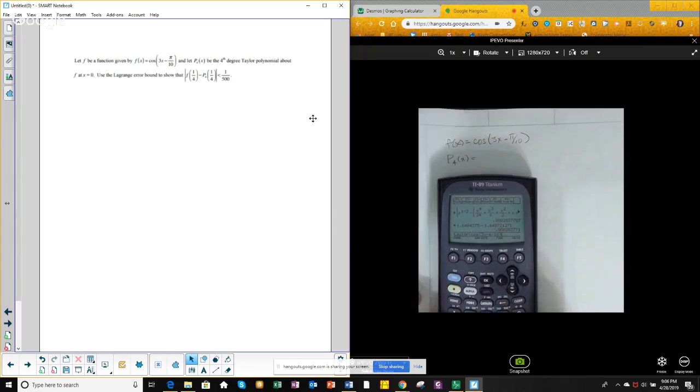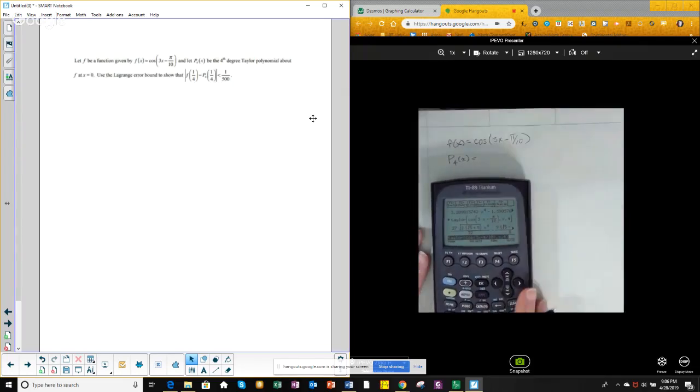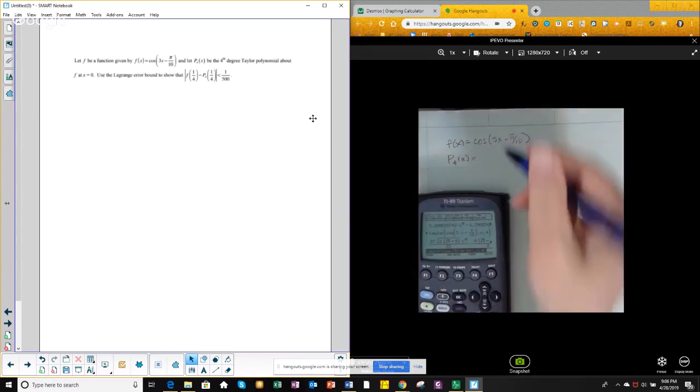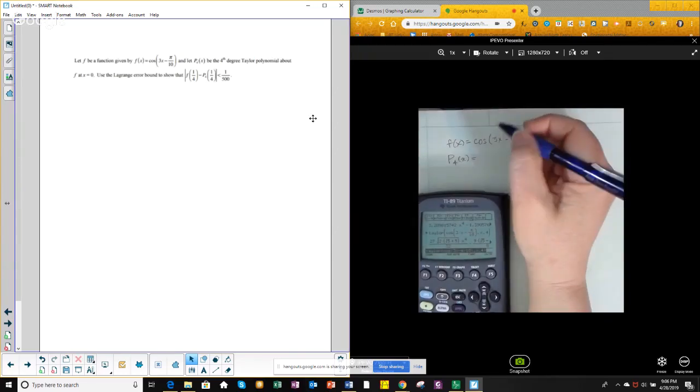My variable is x, comma, and I want the 4th degree Taylor polynomial, and it's centered at 0, so it defaults at 0. I don't have to put a comma 0. And I'm going to press enter, and I would like to have no decimals. Okay, so it's a little bit messy, but here it is. And I'm going to put it in the right order.